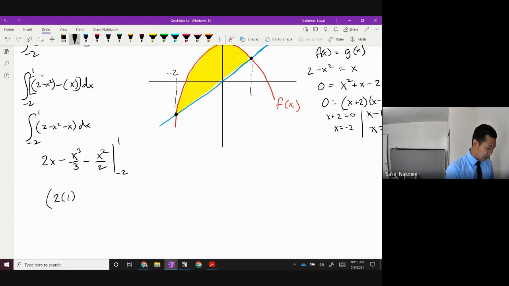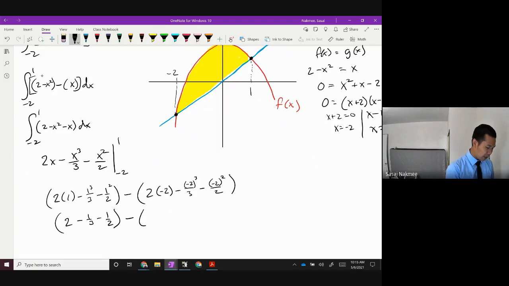Plugging this all in, I'm going to end up getting, this is going to be fun, 2 times 1 minus 1 cubed over 3 minus 1 squared over 2, minus 2 times negative 2 minus negative 2 cubed over 3 minus negative 2 squared over 2. So over here on this side, I'm going to end up with 2 minus 1 over 3 minus 1 over 2.